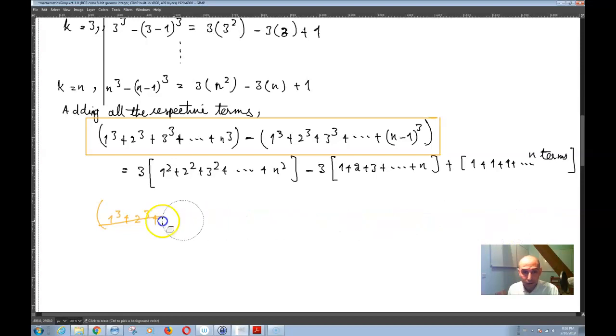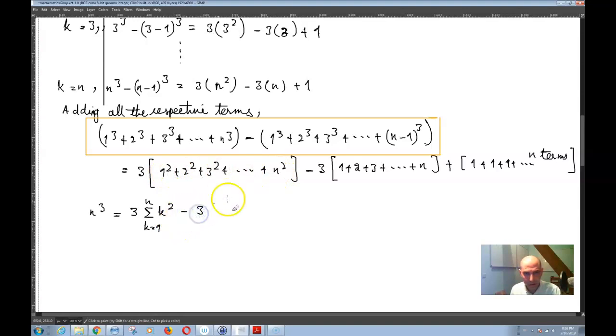So that means this side of this equation becomes n cube. And then over here you have 1 squared plus 2 squared plus 3 squared plus n squared. You can write that as 3 times sigma k squared, as k goes from 1 to n.